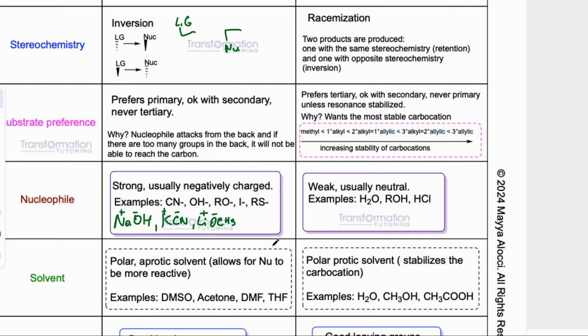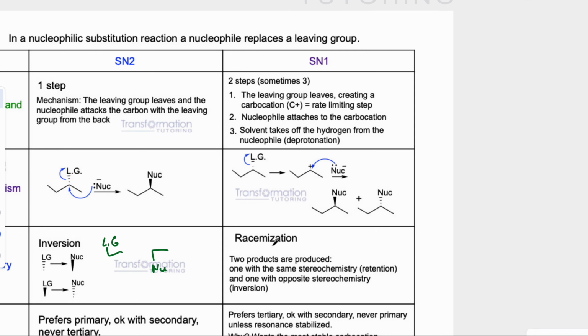Let's go ahead and look at the SN1 reaction now. The SN1 reaction is a two-step reaction. Sometimes it's three steps. Actually, most often it's three steps. In the first step, the leaving group leaves, creating a carbocation. This first step is the rate limiting step. So here I have my starting material.